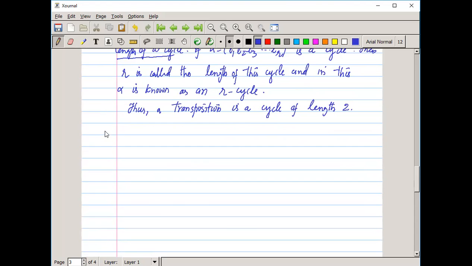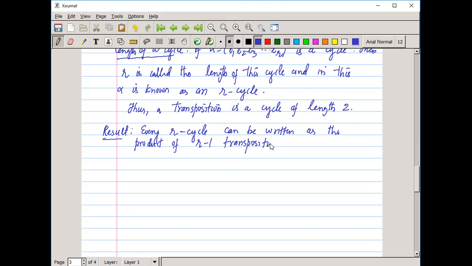Now we have one nice result here. Every R cycle can be written as the product of R minus 1 transpositions.